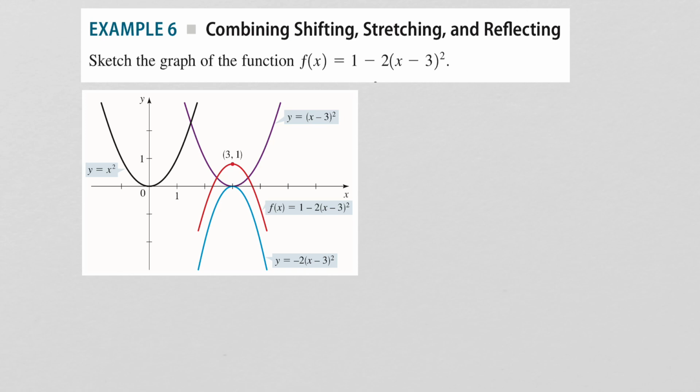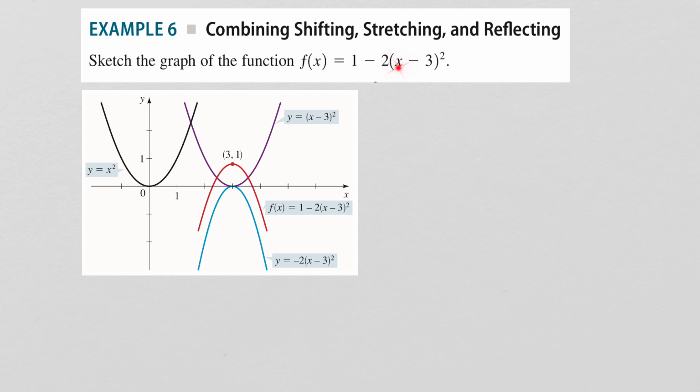Now we can combine all of these together and we can sketch a graph of a more complicated function such as the one that you see here. So to sketch a graph of 1 minus 2 times the quantity x minus 3 squared, it's best to do this in steps. So first we start with the graph of the function x squared. Now what I'm going to do is go to my function here, go to the x, and ask what's the first thing that happens to x?